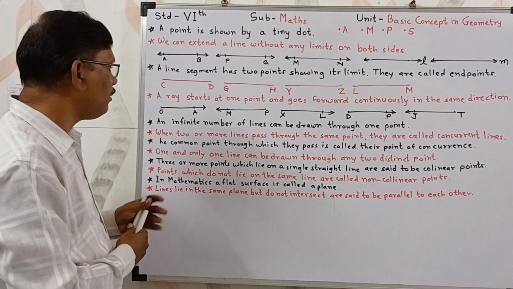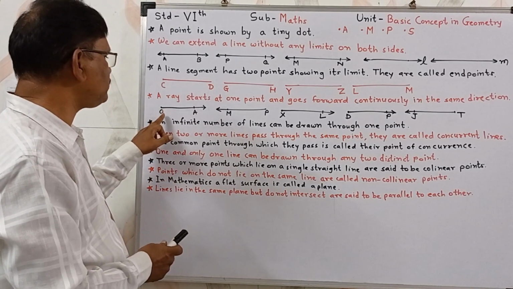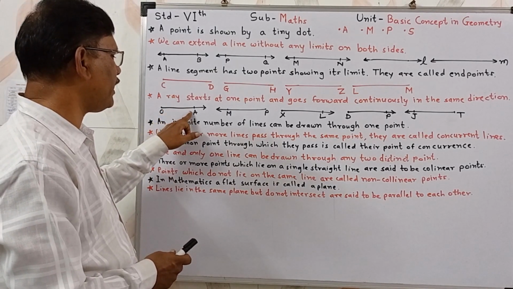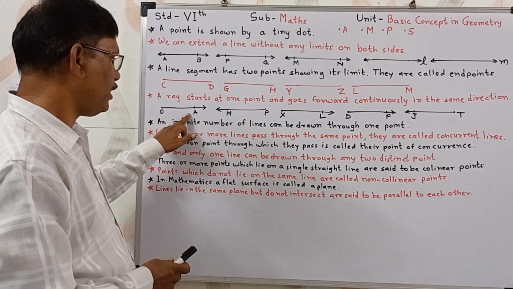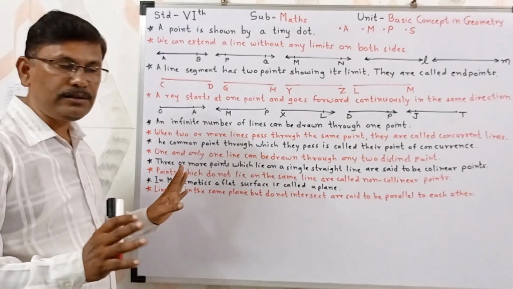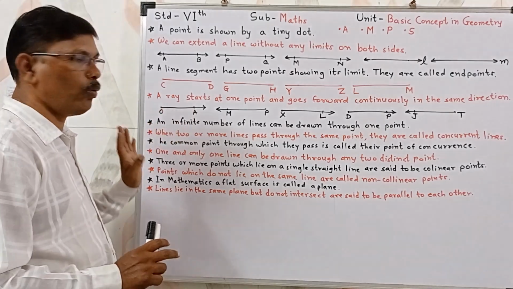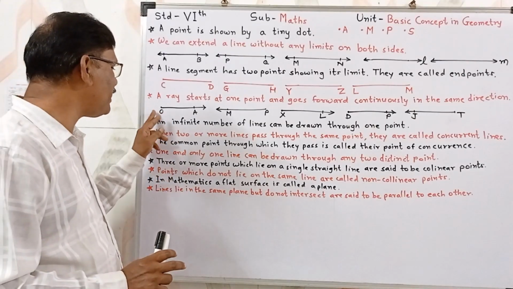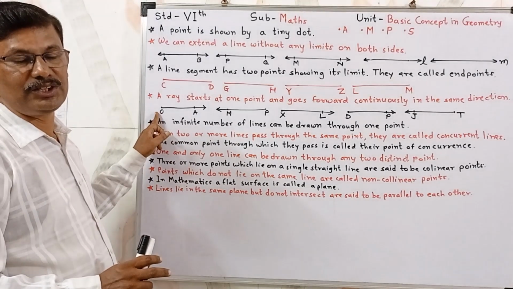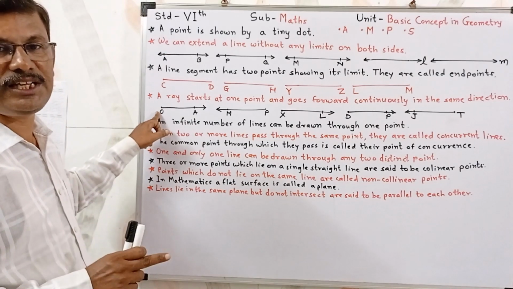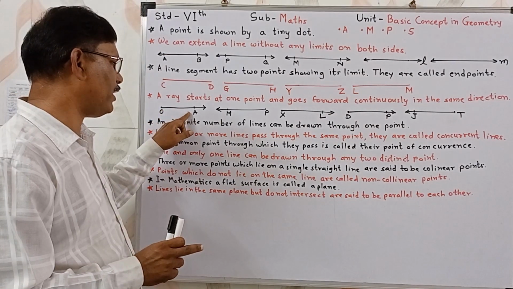So we can read this ray OA, but we can't read ray AO because O is the origin. So we must read this ray OA.